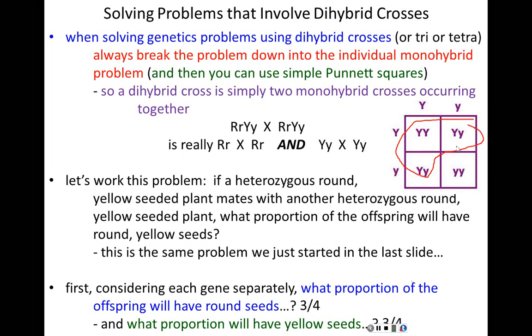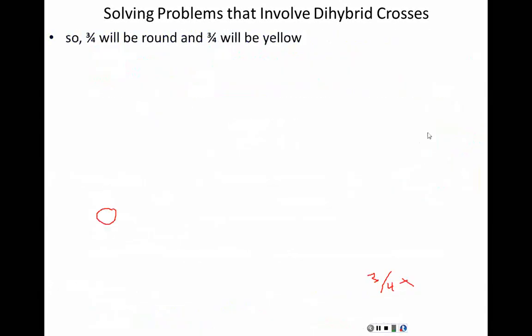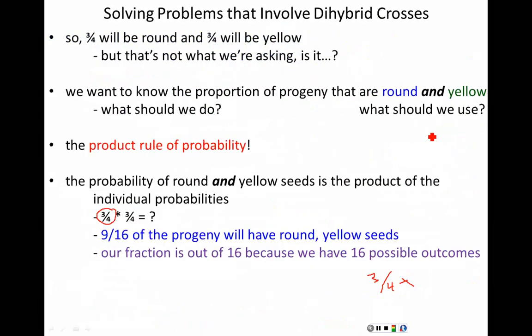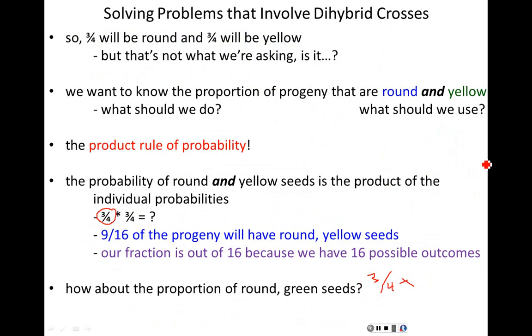Here's green, right here. The probability of getting green in this cross is 1/4. So that's 3/4 round times 1/4 green. The question is asking about the probability of round and green seeds, and so that's going to be 3/16.